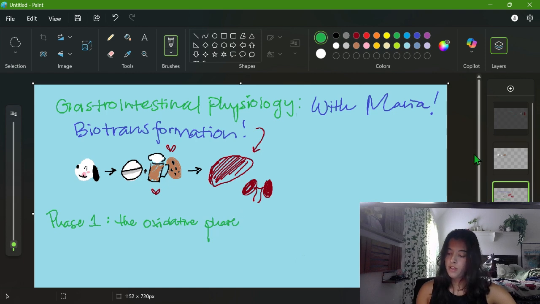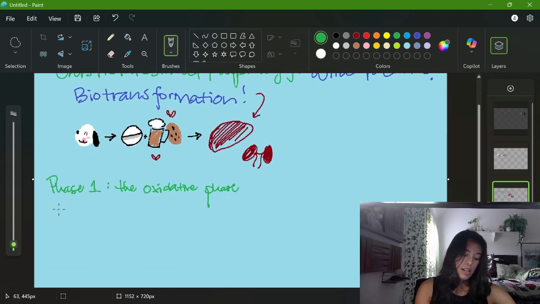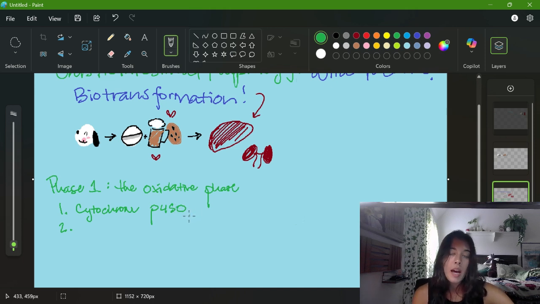In this oxidative phase, that meloxicam will reach the endoplasmic reticulum and mitochondria of the liver cells and be altered by something called cytochrome P450, which is an enzyme and the main metabolite of the liver. And this will cause an oxidative reaction.